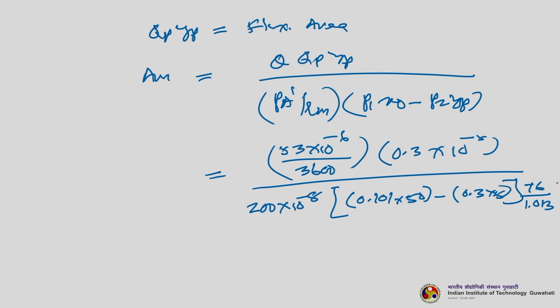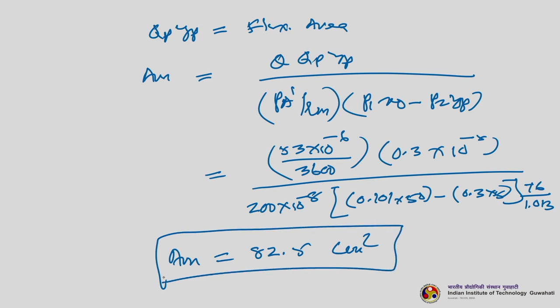Anyway, you substitute all these things, you will get 82.5 centimeter square. So, the membrane area which you will get is 82.5 centimeter square.